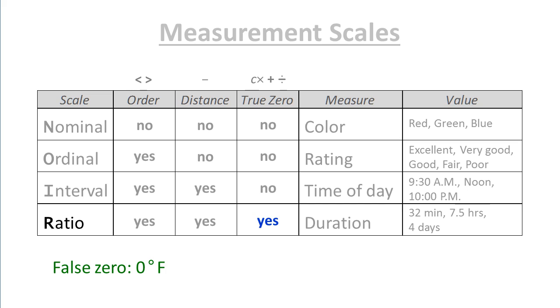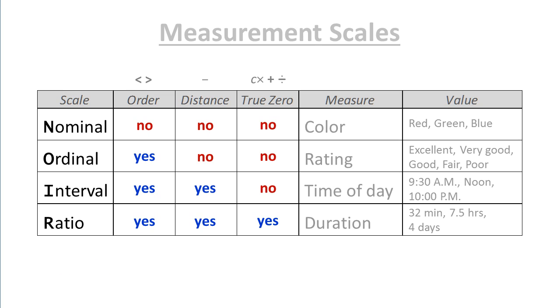It does not represent the absence of heat. The point to remember is this. Just because a measurement contains a zero value does not make it a ratio scale. To be a ratio scale, the zero value in the measurement has to represent the total absence of the measured property.